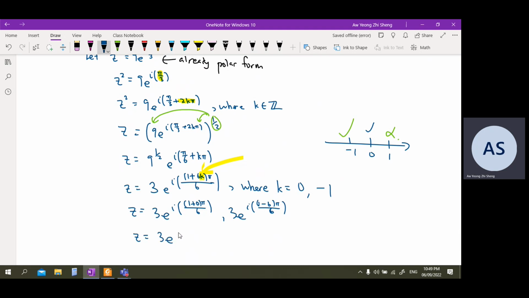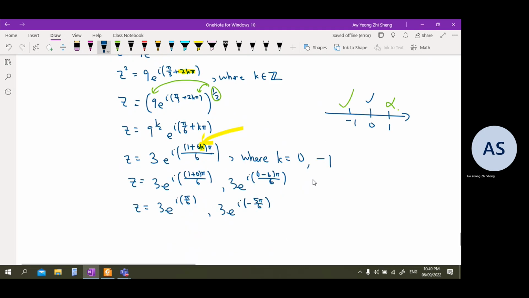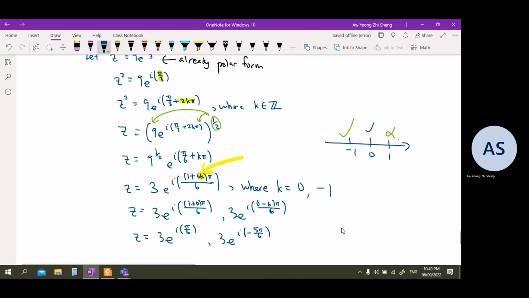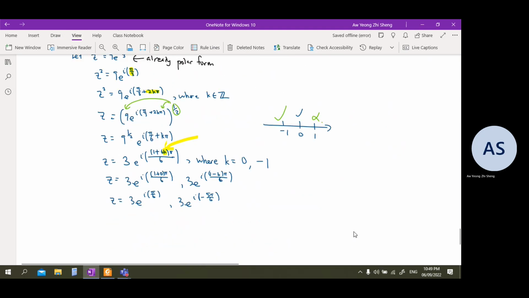So the final answer: 3e^(i pi over 6) and 3e^(i(-5 pi over 6)). Yep, so these are your two answers.